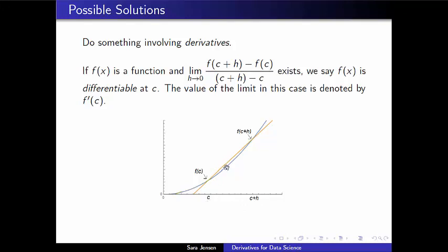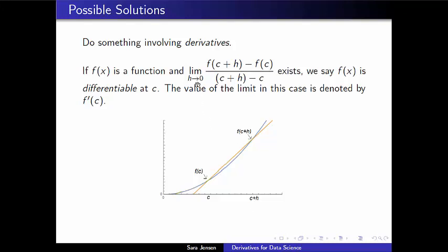In fact, that's precisely the thing that we see right here: the change in y values divided by the change in x values, which gives the slope of a line. And what line? The line connecting (c, f of c) to (c plus h, f of c plus h).